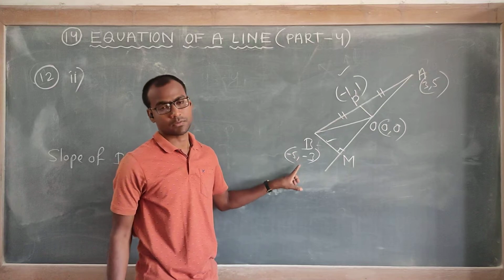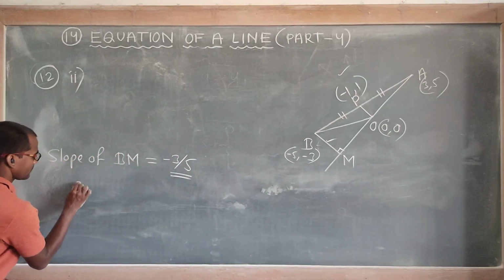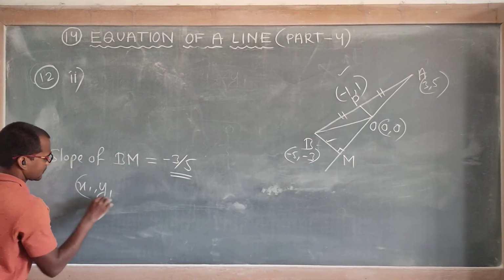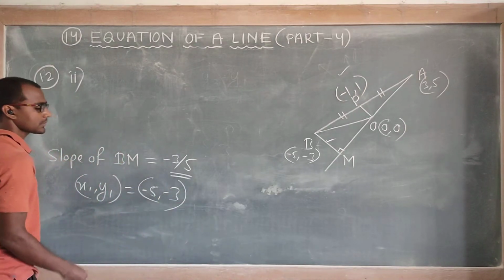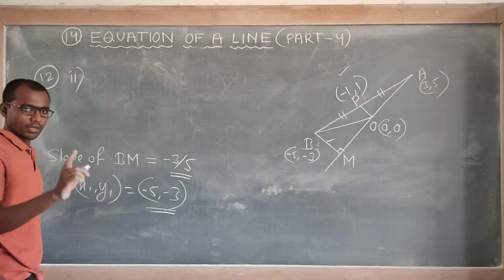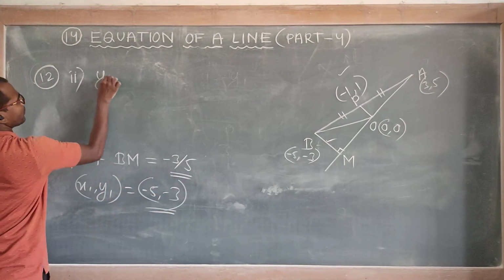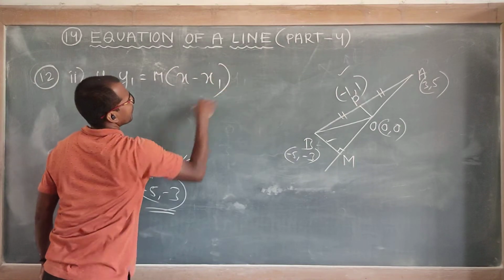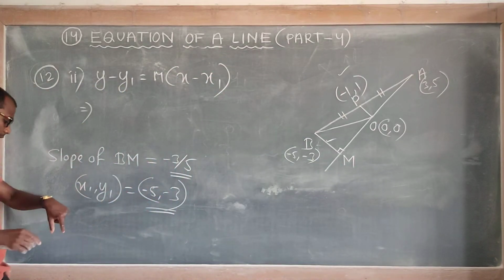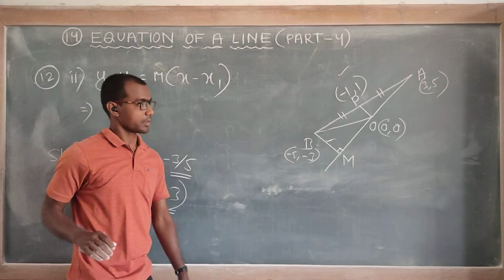This can be taken as x1 y1, -5, -3. We have slope, we have point, you can find the equation using the slope-point formula. Y minus y1 is equal to m whole x minus x1.